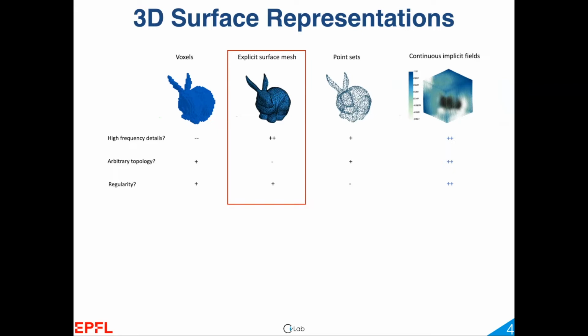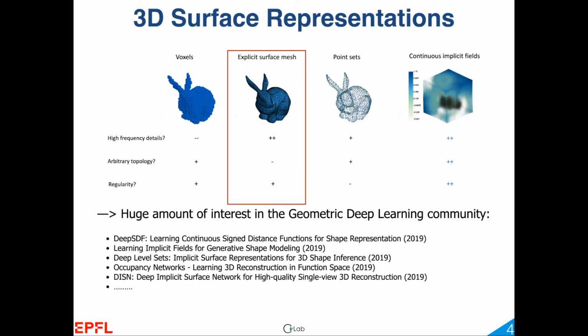You define what's called an implicit field, and the surface is going to be a zero crossing of that implicit field. The advantage of this is that it is a way to model surfaces whose topology can change. This is, in fact, a fairly old idea, like a lot of what we're doing right now, because deep nets are also a very old idea.